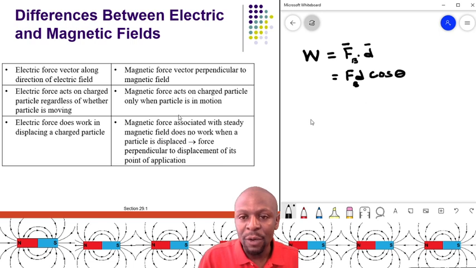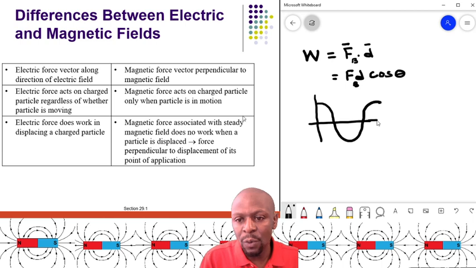Now, when you plot the cosine graph, you still remember that it can be drawn this way. This is my cosine graph, where here I have 2 pi, this point is 3 pi halves, here I have pi, and here pi halves.